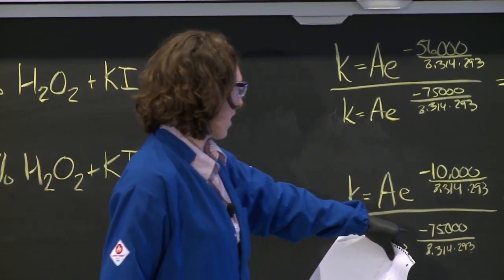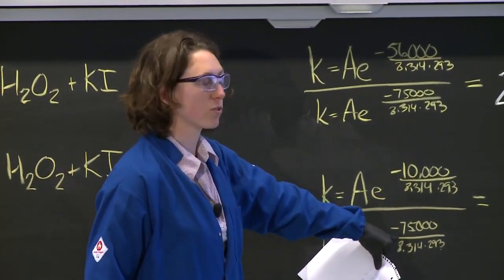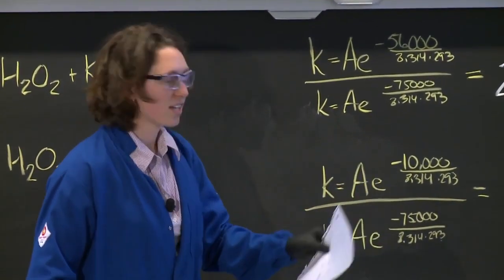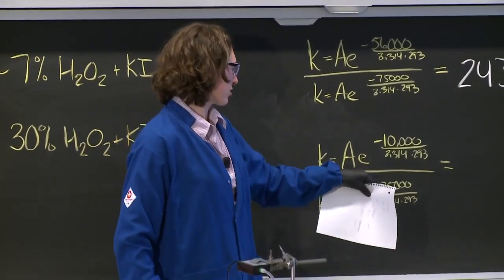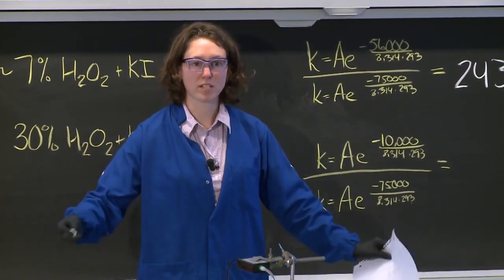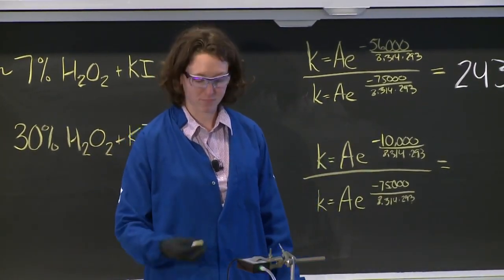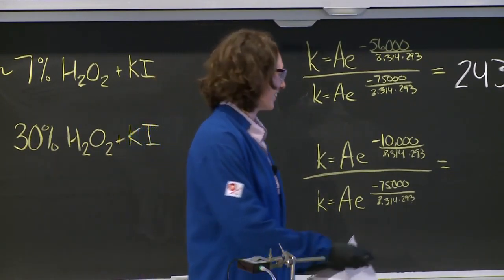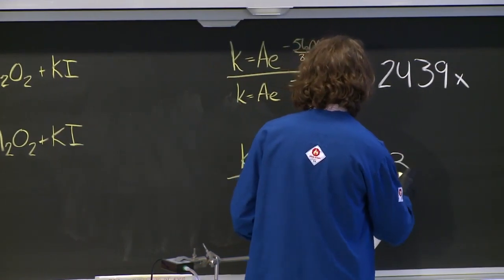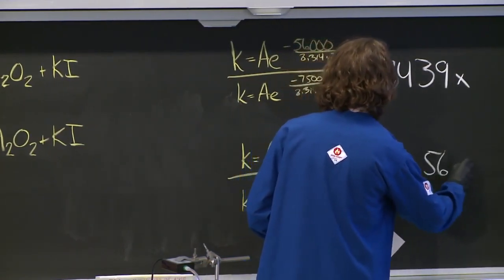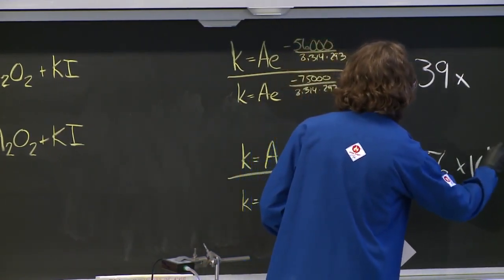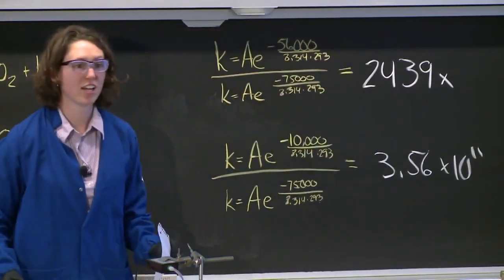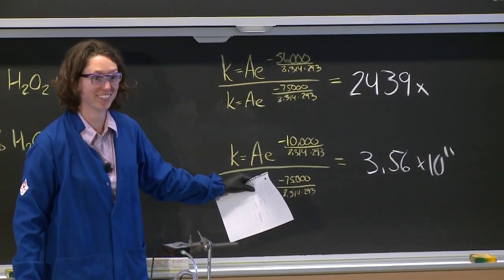So if you do this math out, where you go from 75,000 joules to 10,000 joules, does anyone have any guesses as to how much faster the catalase is than just normal decomposition? A lot. That's a lot faster.